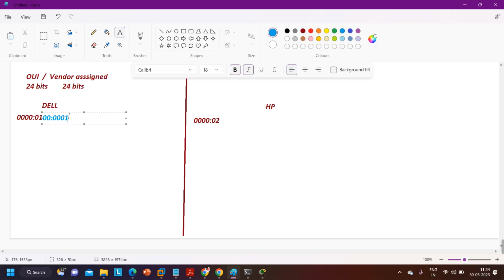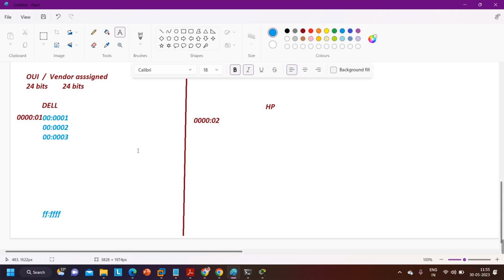This is first MAC address of Dell. Yes or no? Second MAC address of Dell will be what? 00:00:02. Fourth MAC address will be 00:00:03. What will be the last MAC address of Dell computer? FF:FFFF. Yes or no? Till here Dell can manufacture computer through one OUI.